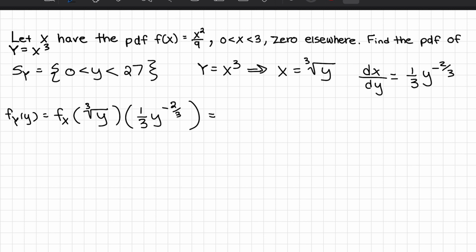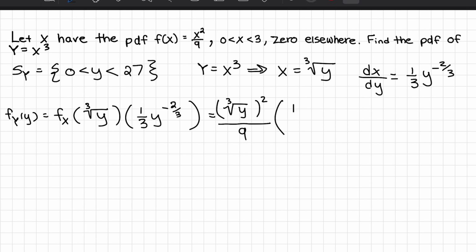This is equal to this because I plugged in my inverse into my given PDF.